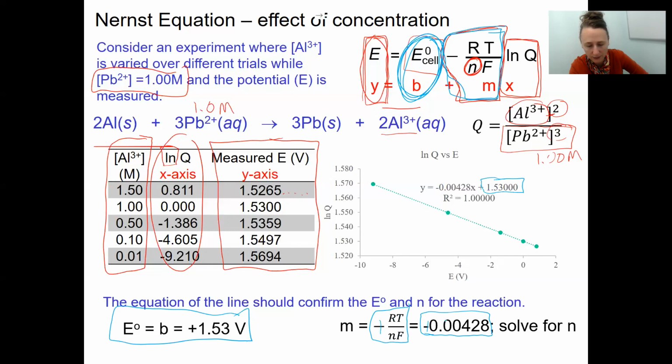And then we are going to cross multiply and isolate the variable to solve for N. And I get 5.99, which is pretty much 6 electrons. And that is correct for this redox reaction. Now, if I had used fewer decimal places in my potential, I might have gotten something like 5.87 for the number of electrons, and I would round to 6. And that is a pretty typical thing to happen with the Nernst relationship.